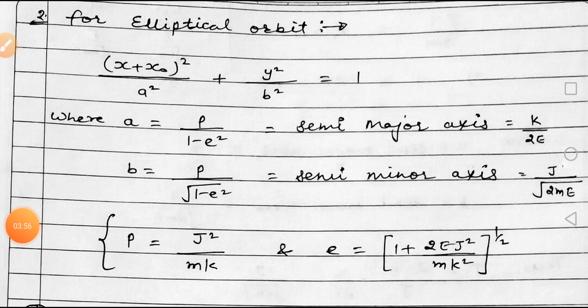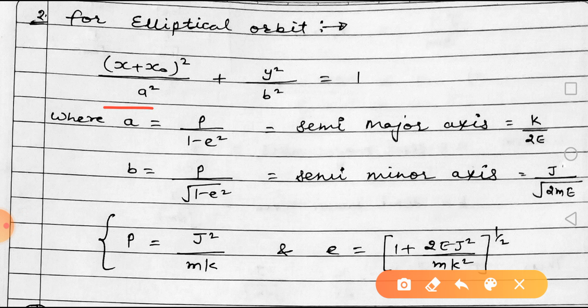Now the next case is for elliptical orbit, and in the previous lecture we defined this equation, (x plus x naught) square upon a square plus y square upon b square is equal to 1, where a is semi major axis, which is p upon 1 minus e square, and b is semi minor axis, which is p upon root of 1 minus e square, and we know that p is equal to j square upon mk, and eccentricity e is equal to (1 plus 2 E j square upon mk square) power 1 by 2.